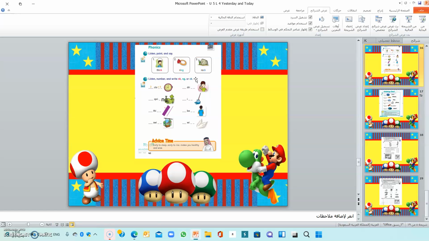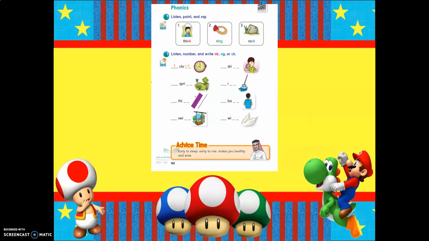3. Clock. 2. Spring. So, you have to write number 2 here. Then NG. 3. Thick. 2. Swing. Right here. 3 and CK.